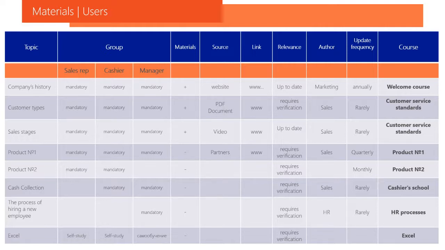But if we're talking about some products, some services, customer service standards, it could be information that will be updated very fast, but also it could be information that is not updated even annually. So it depends on the processes in the company. Of course, with products right now, we have a lot of updates.